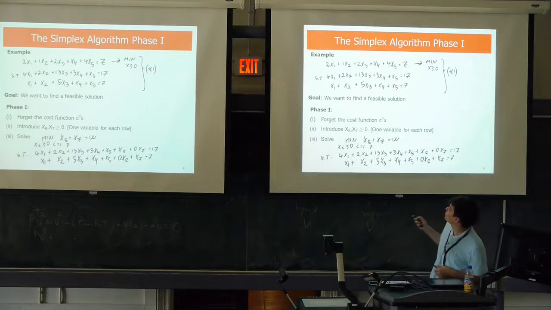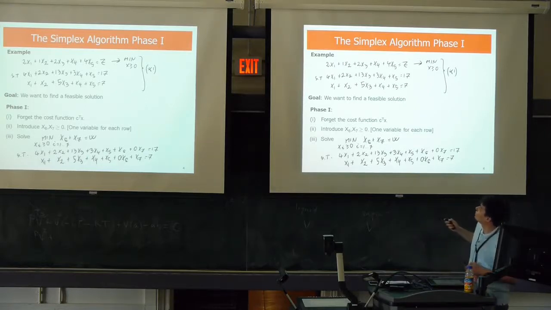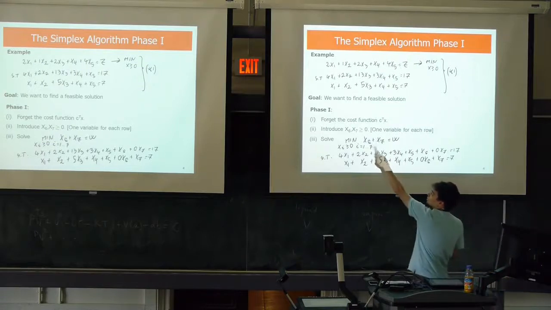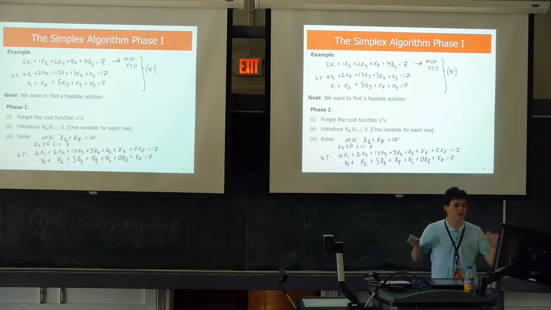So for example, if you want to solve this problem here, this is our cost function. We want to minimize z. We have 2 constraints. And we just introduce 2 extra variables, x6 and x7, so one extra variable for each equation. We forget our original cost function, and this will be our new cost function, the sum of these slack variables.